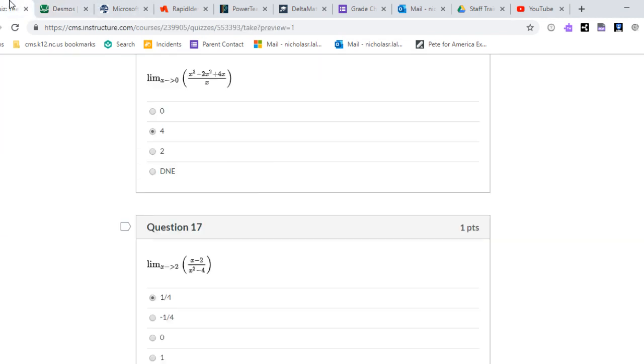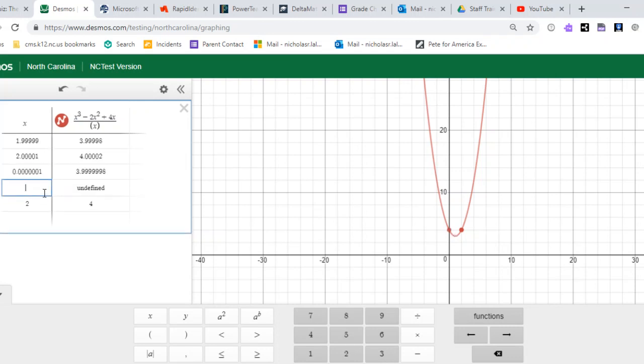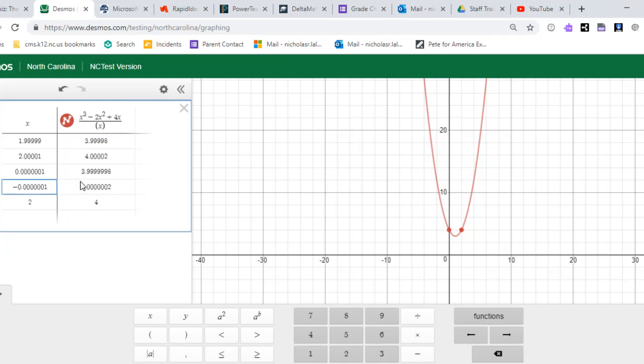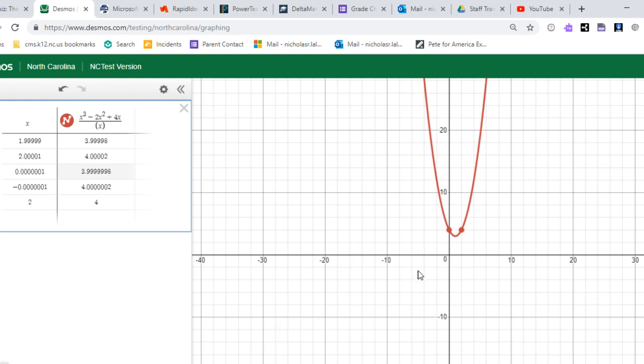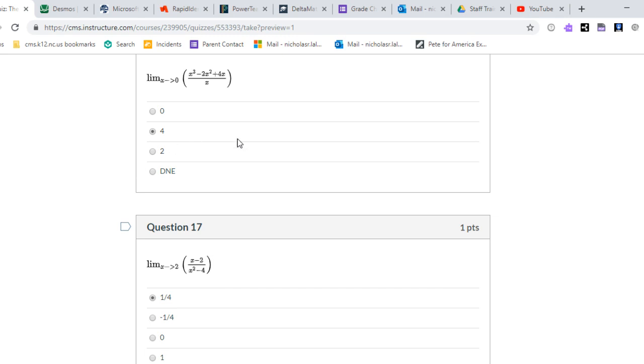As x approaches 0, that's going to be 0.0001 and negative 0.001, and we are approaching 4 from both the left and the right. So that's the Desmos analysis method. Going on to question 18.